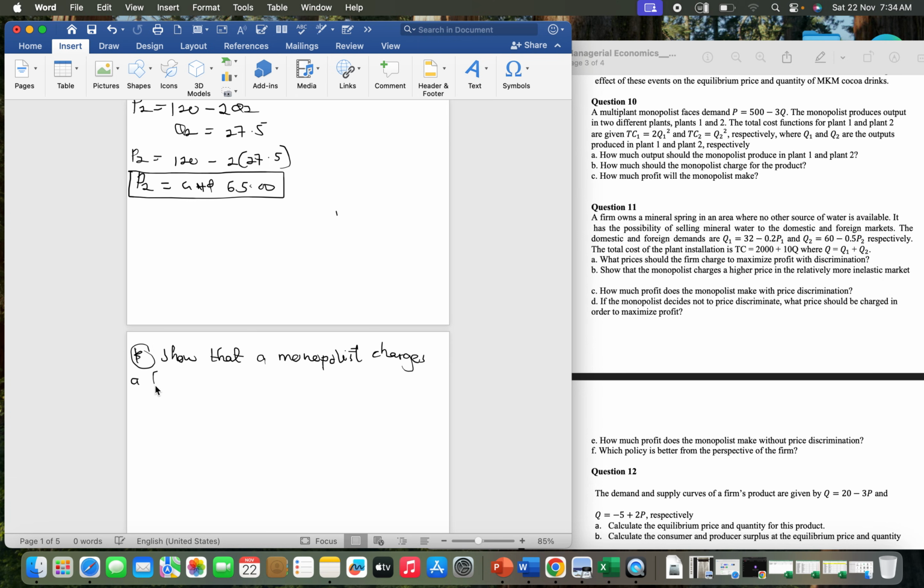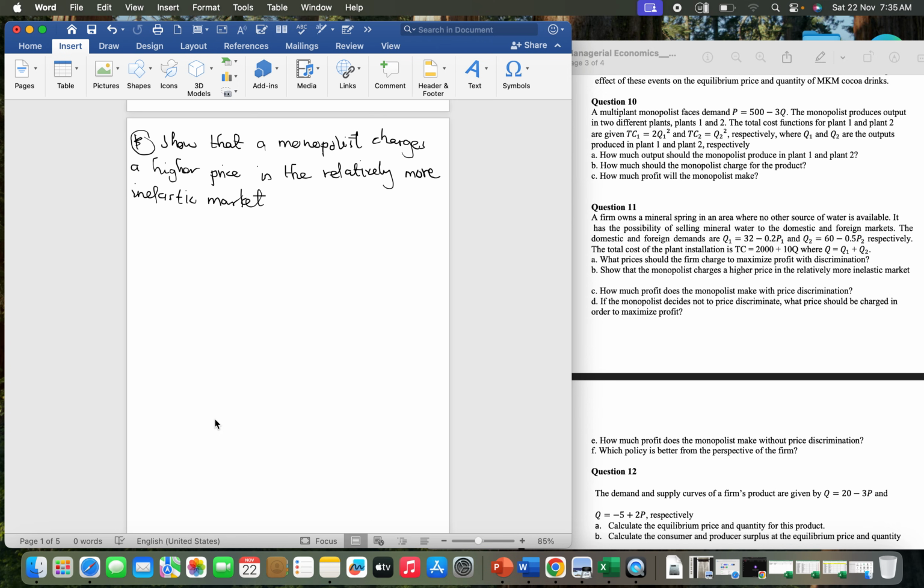So with B, show that the monopolist charges a higher price in the relatively more inelastic market.